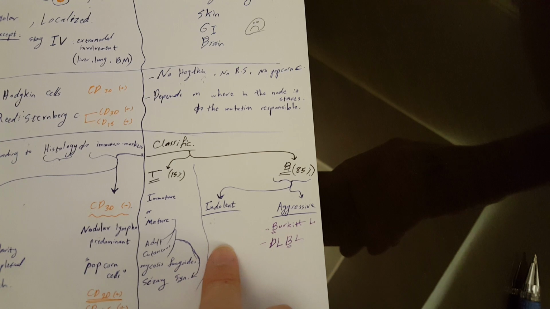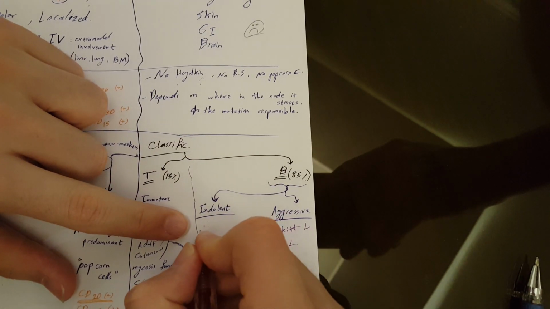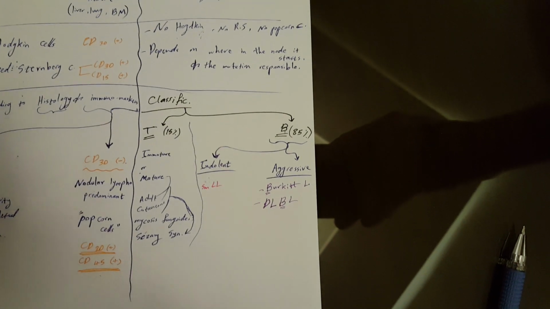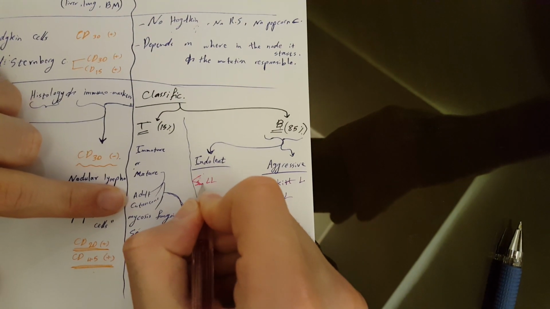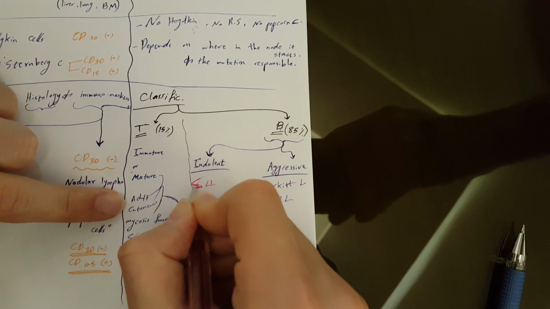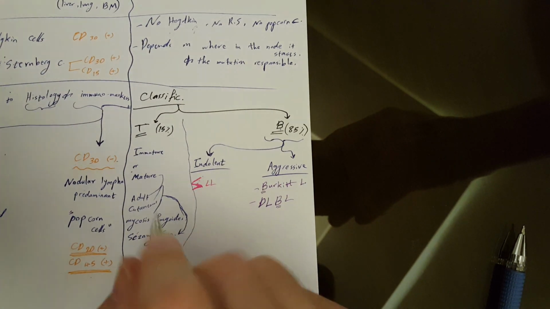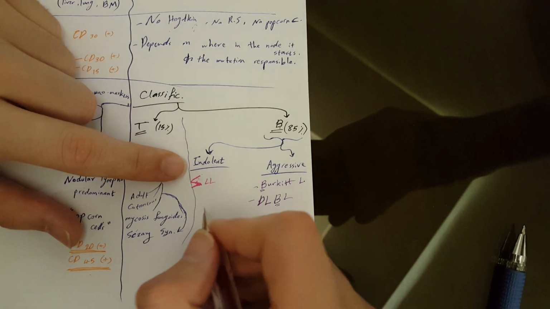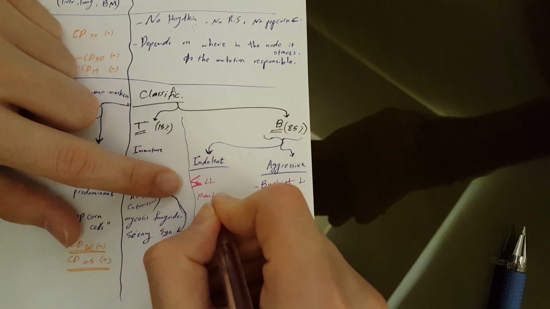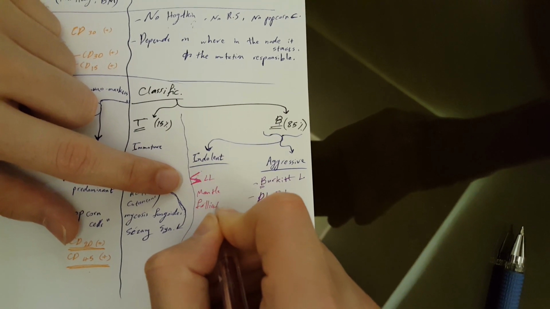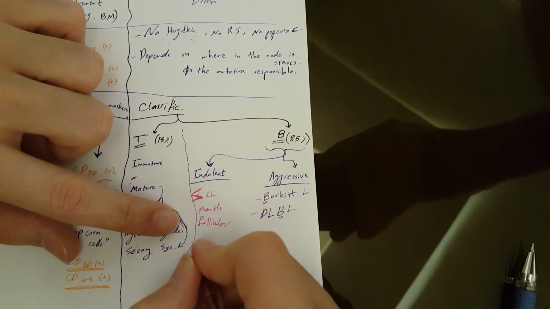Now the indolent ones, you can have the small cell lymphoma, SLL, if you don't want to write the M, which, as we said in the previous video, can overlap with the CLL. Or for example, the other types that we wrote, mantle or follicular, marginal.